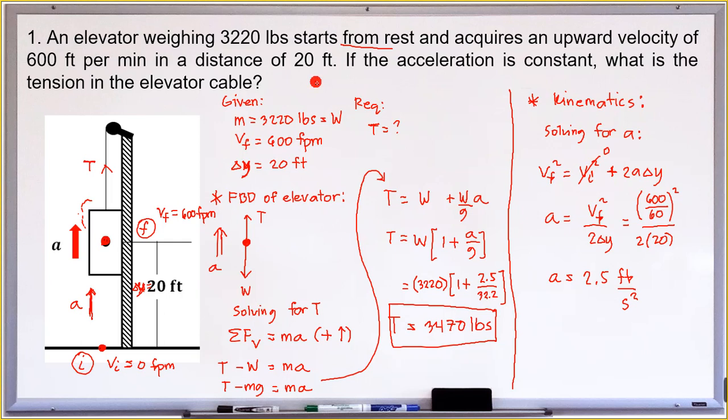Actually, if you mention the normal force, that is possible too. However, it does not affect the calculation, because, for example, if you include that in your FBD, the normal force, good thing you asked, let's say the elevator rests significantly on its railings, so there should be a normal force.